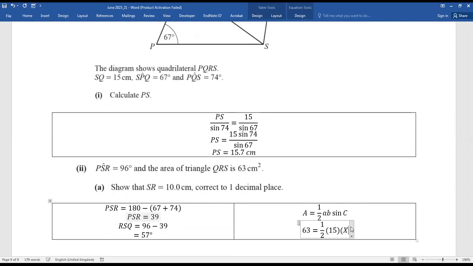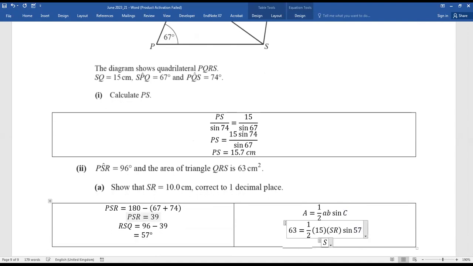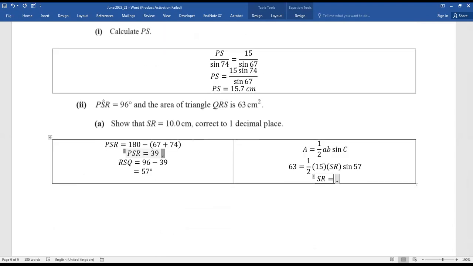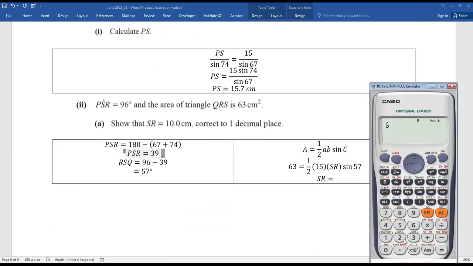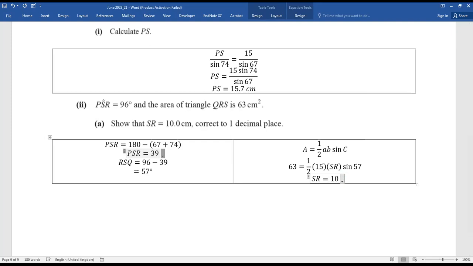The other one is SR, and sine 57. So the value of SR will be found: 63 multiplied by 2, and the entire answer divided by 15 sine 57, which is 10.0 centimeters, correct to one decimal place.